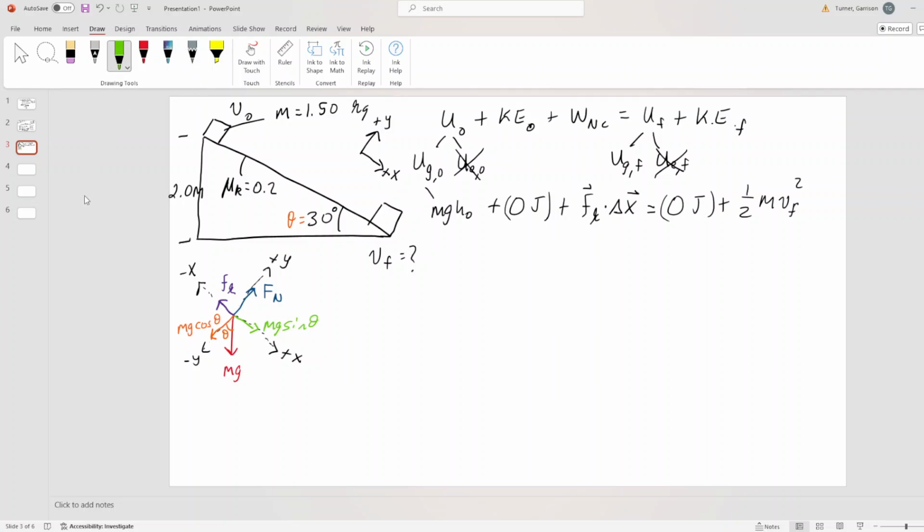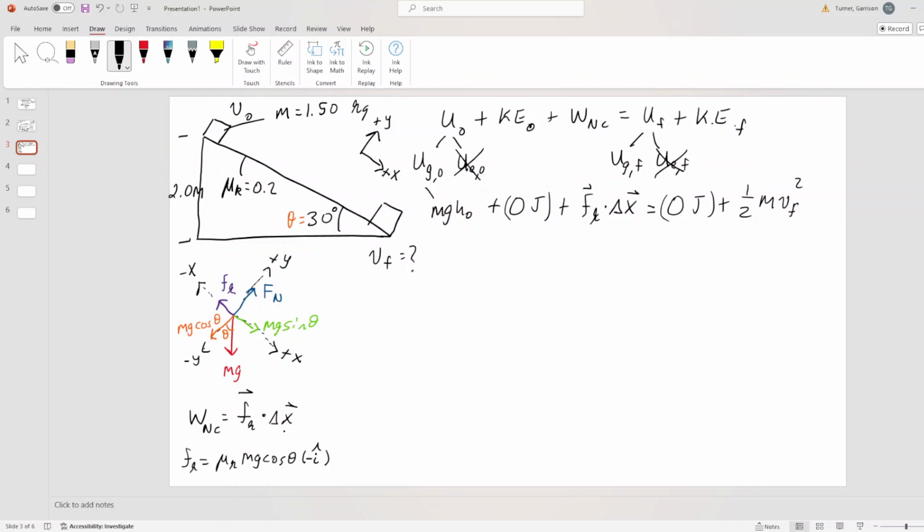So the work done by friction, right? My frictional force is going to be given by my coefficient, now times my normal force, but in this case the normal force is mg cosine theta. And again, this is in the minus i direction. Okay?